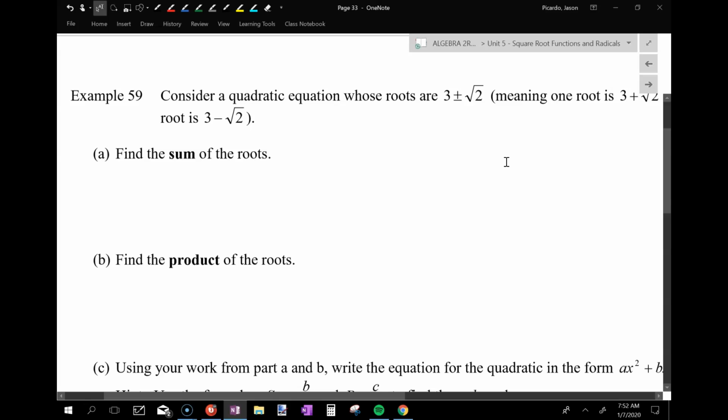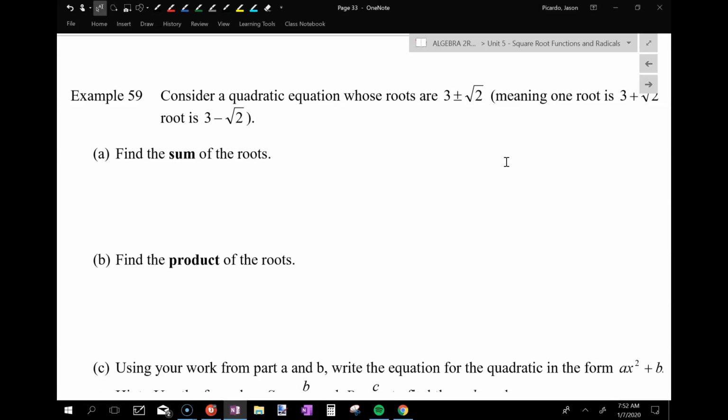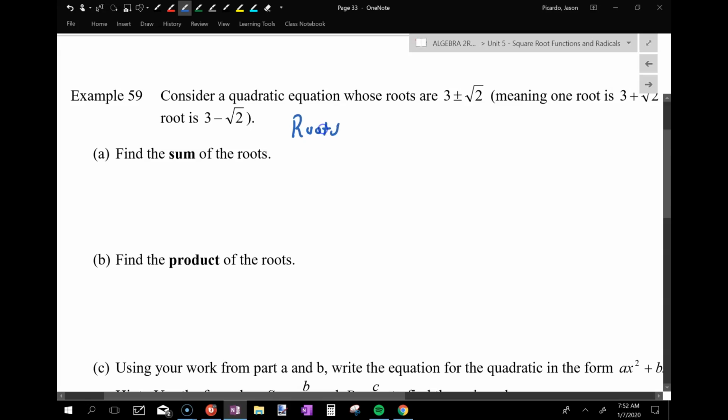Are the roots real or imaginary? Real, right? There's no i's. So my roots are 3 plus radical 2 and 3 minus radical 2.